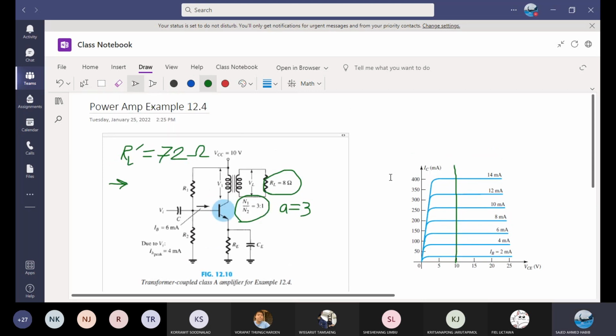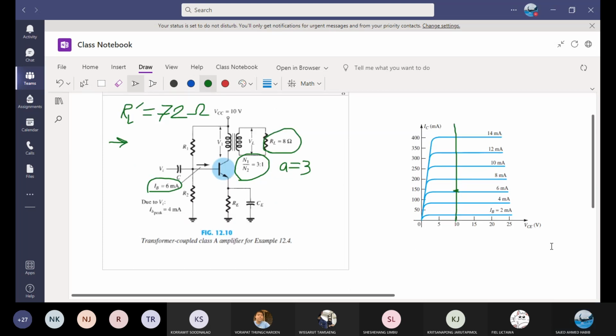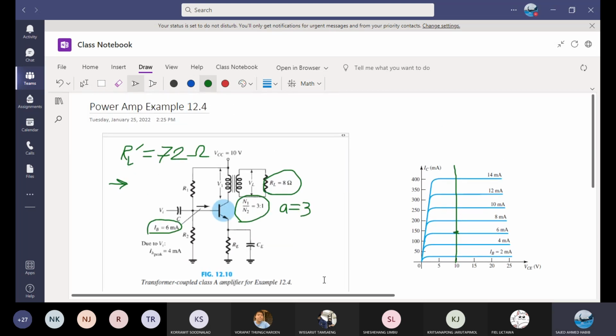What was given? The base current IB, 6 milliamp. This is our Q point. Where is our Q point? Right here, 6 milliamp. So I mark it. You have to draw a slope of what? What is the slope? Minus 1 over RL prime, isn't it?